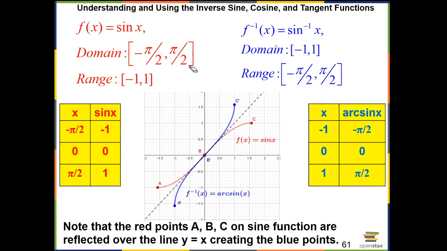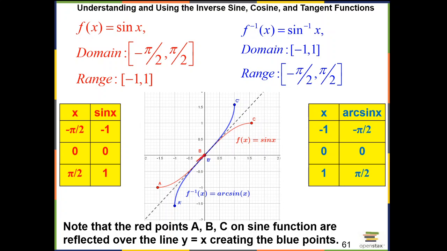So here is the sine. Now remember, this red one is sine. It goes forever this way, and also it goes forever this way, right? But we don't want that part, and we don't want this part. We only want sine from what? From negative pi over 2, which is negative 1.5 something, 1.4 something.